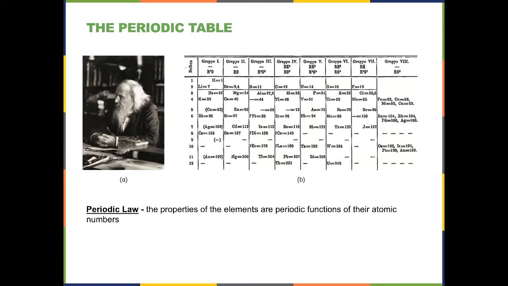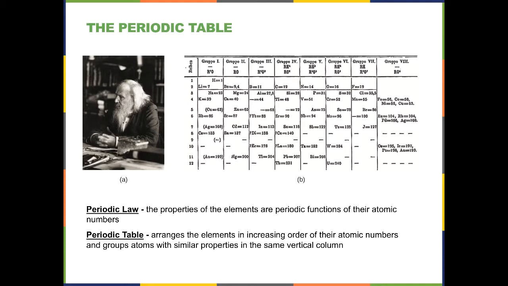So sodium, potassium, and so forth in that first group would have the same properties with each other, and on the other side, chlorine and bromine and so forth on the far end on the right would also have the same sorts of properties with each other.